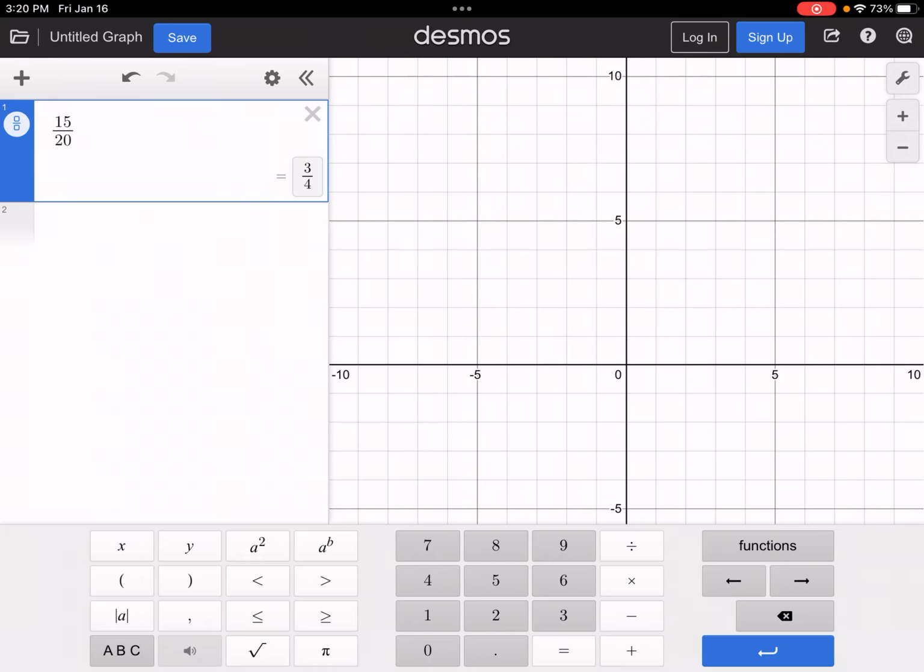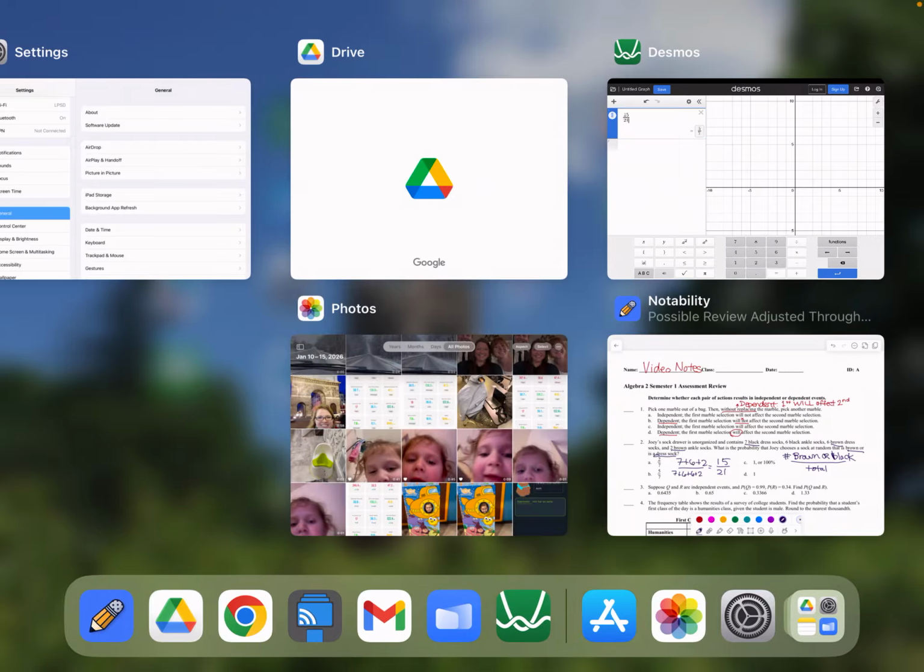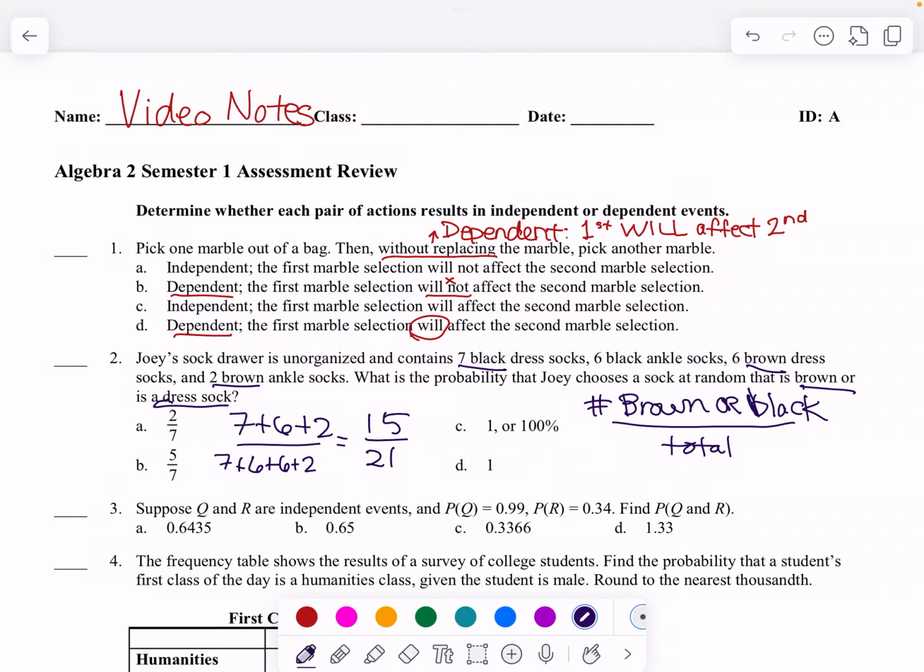It will be 5/7, right? Okay, so it's going to be this one because we did that. So this one will be D, this one will be B.